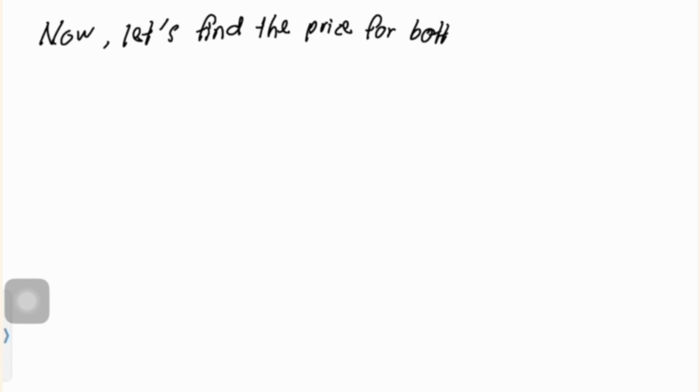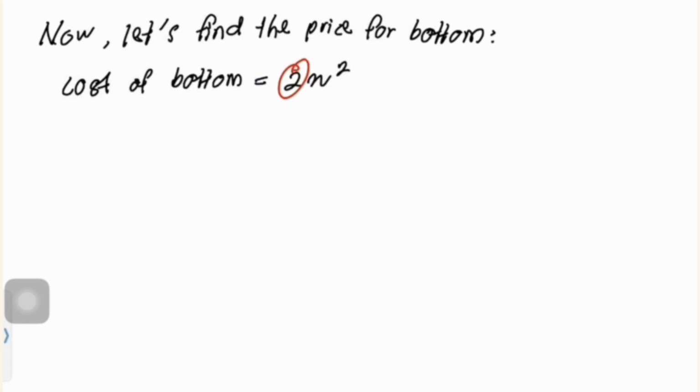The cost of the bottom equals 2x squared. I'm using the red pen to mark the 2, because 2 is the price, RM2. And for the x squared, I'm using the blue pen to highlight it as the area. Therefore, the cost of the bottom is 2x squared.